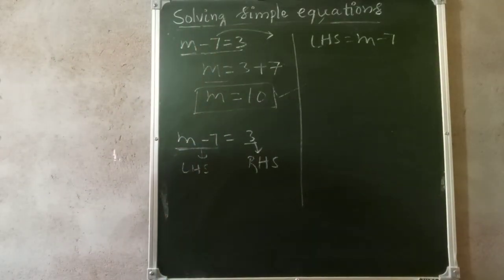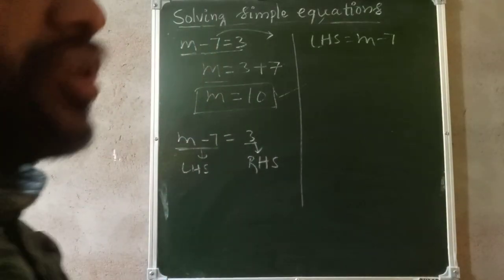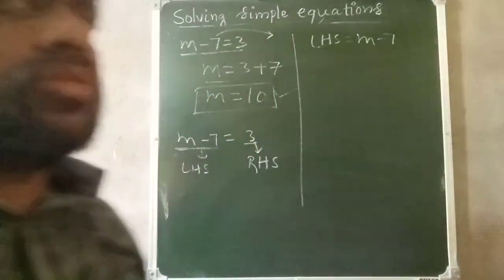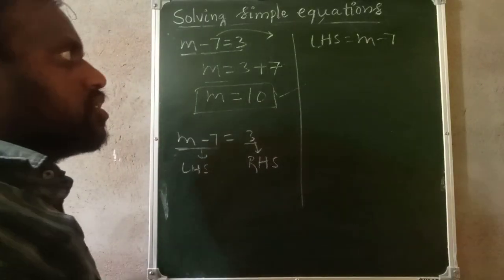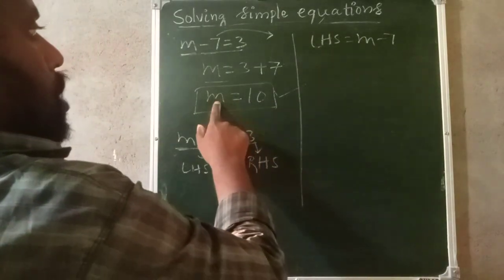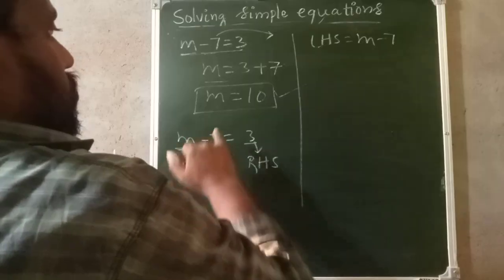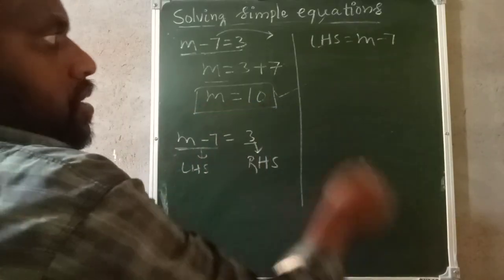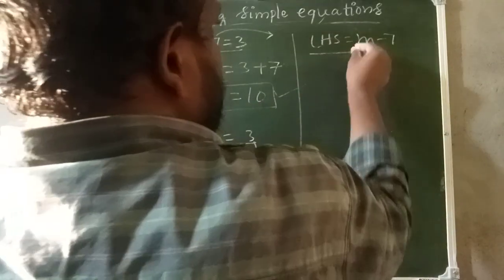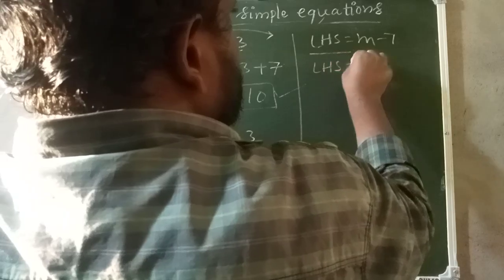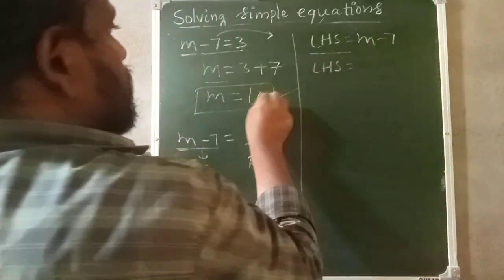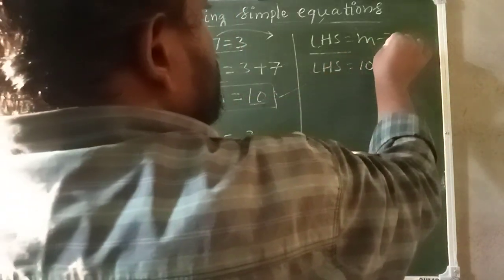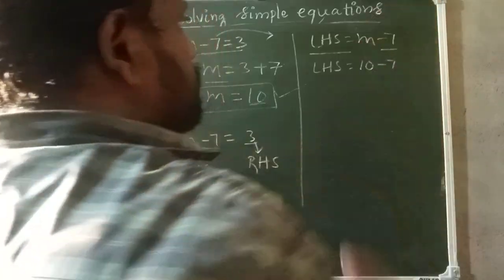Next, to check whether the answer is correct, we have to substitute the value of m here. The value of m is 10. So in place of m, write 10, minus 7.